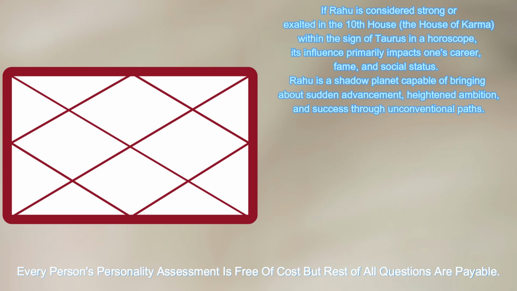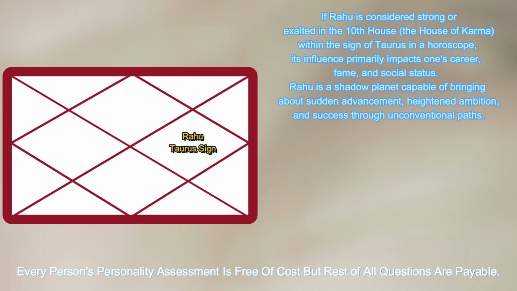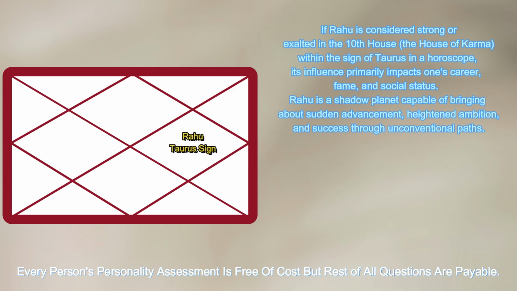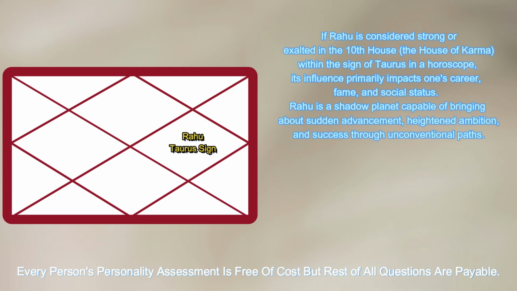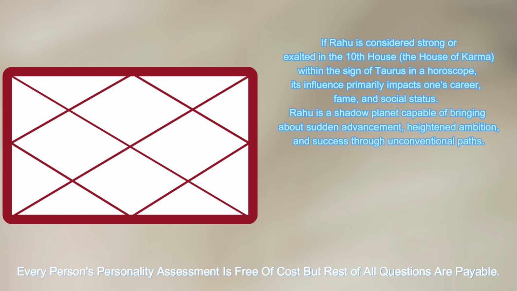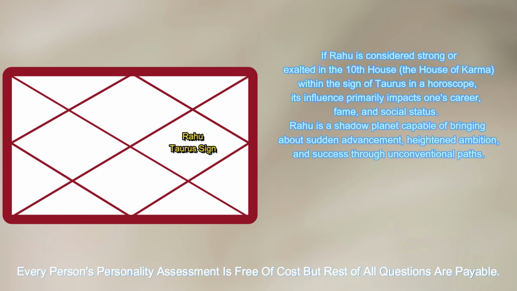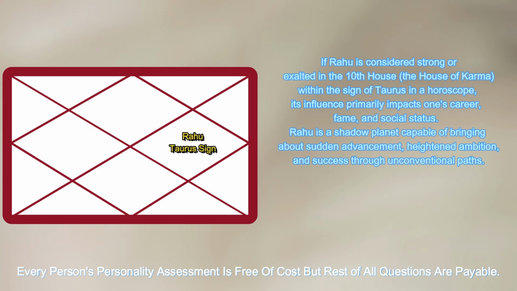If Rahu is considered strong or exalted in the 10th house, the house of karma, within the sign of Taurus in a horoscope, its influence primarily impacts one's career, fame, and social status.